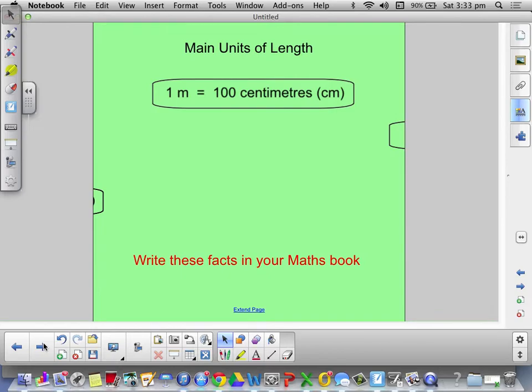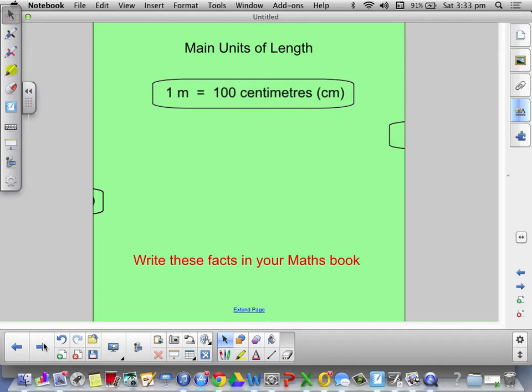Okay, so our main units of length. The first one we mentioned, which is the main unit of length, is 1 metre. There it is there, and 1 metre is equal to 100 centimetres. cm is the abbreviation for centimetres.